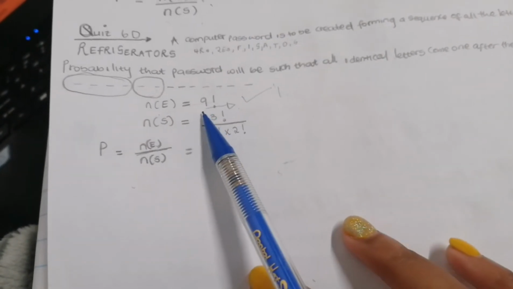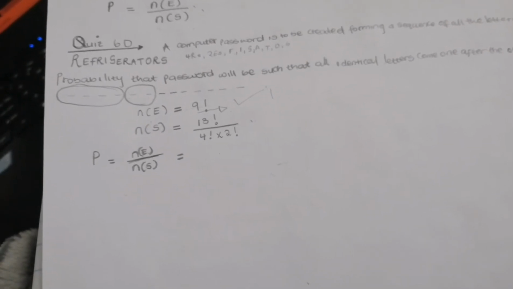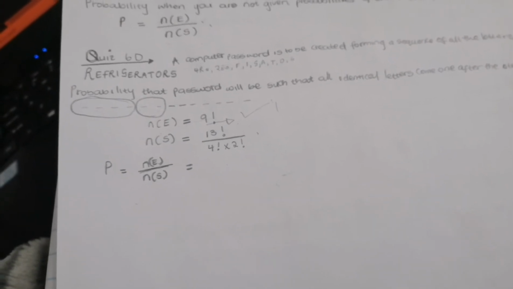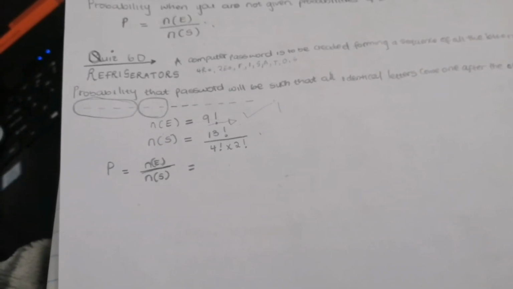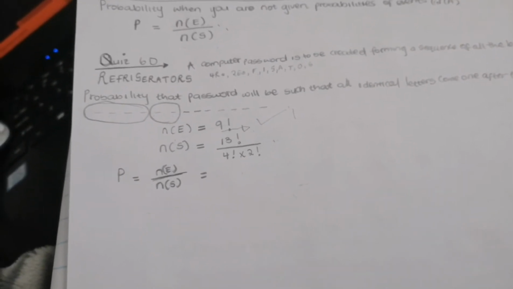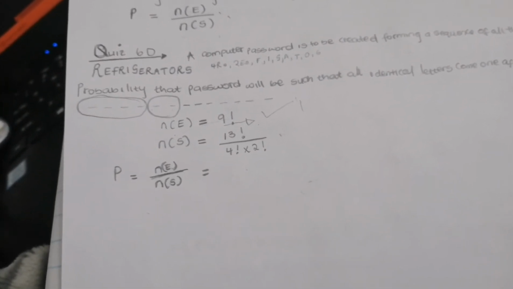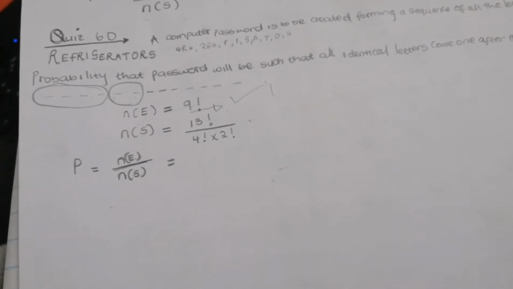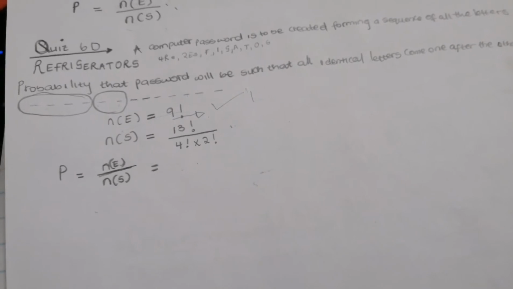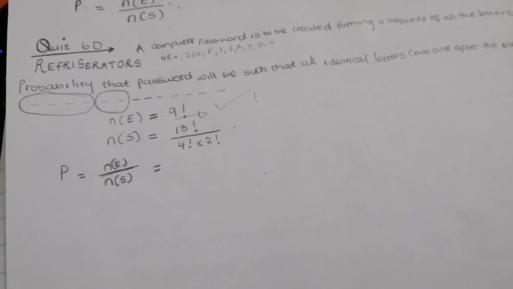For the sample space, what you are going to do is solve the question without any conditions, without taking conditions into account. So you will solve the thing without regarding any conditions, right?